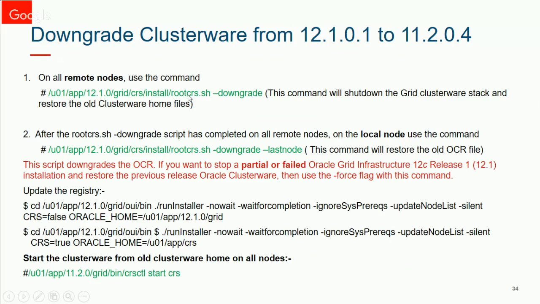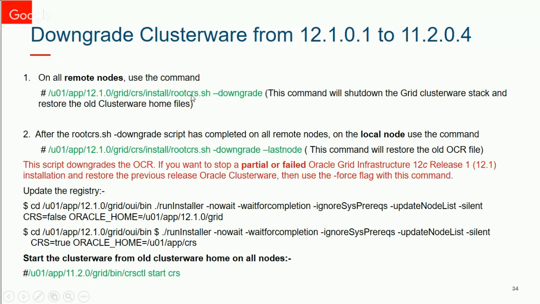There you will get one script, rootcrs.sh. You have to use the -downgrade option to downgrade your clusterware stack. You have to do this from the newer version of Clusterware, which you just upgraded.